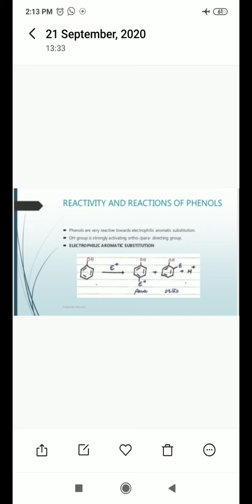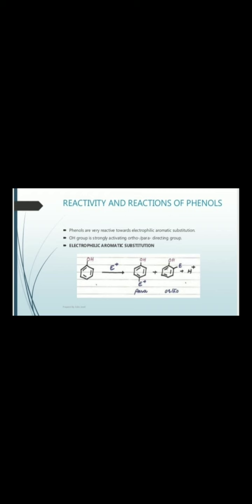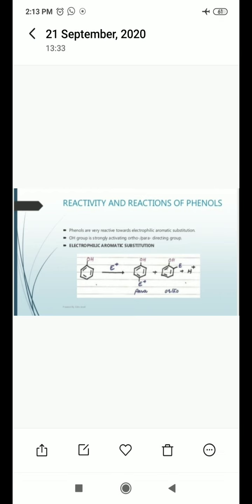If a particular aromatic ring or atom is electron rich, then it is easily attacked by an electrophile, which is electron deficient. So the electron deficient and electron rich centers react together and make the reaction. Here phenol has delocalization of pi electrons, so it mostly favors electrophilic substitution reaction.